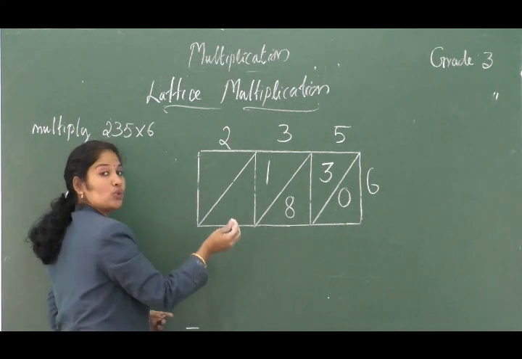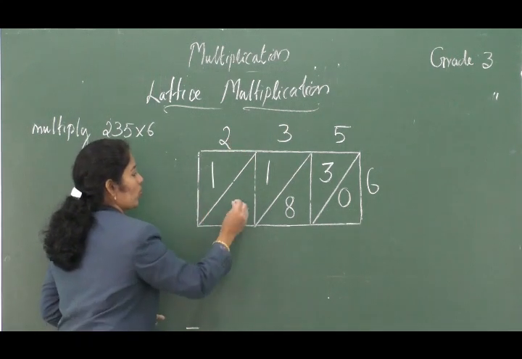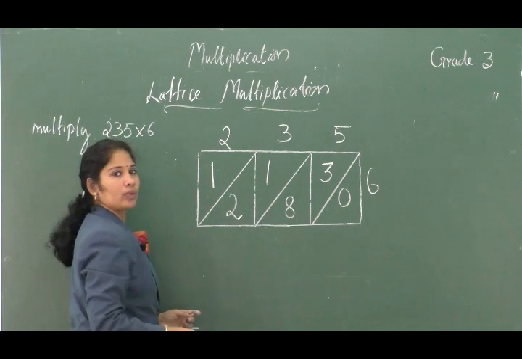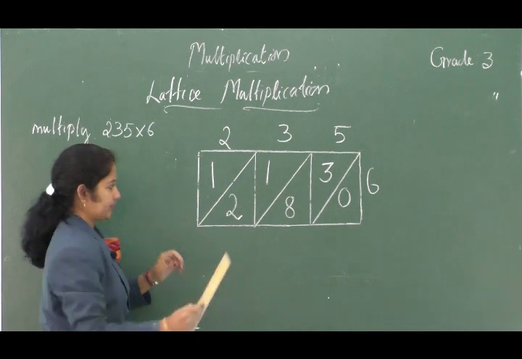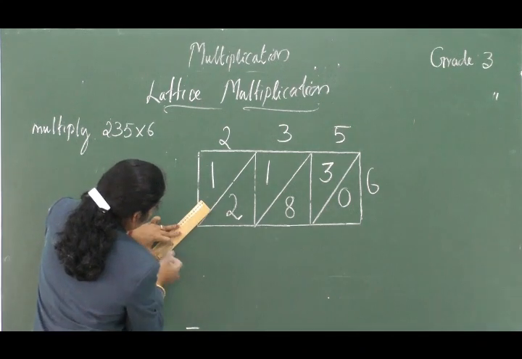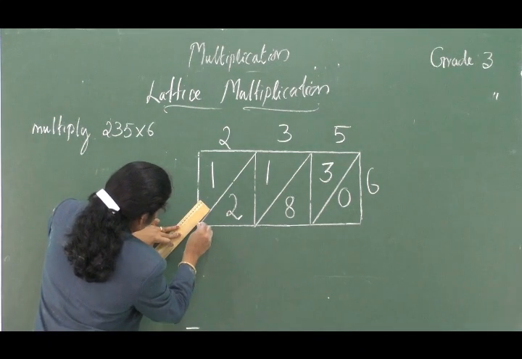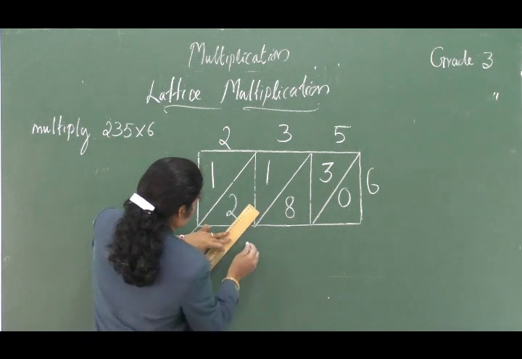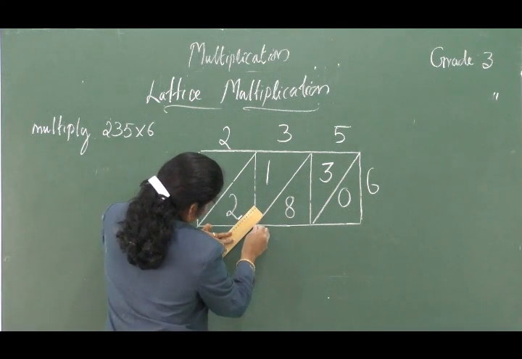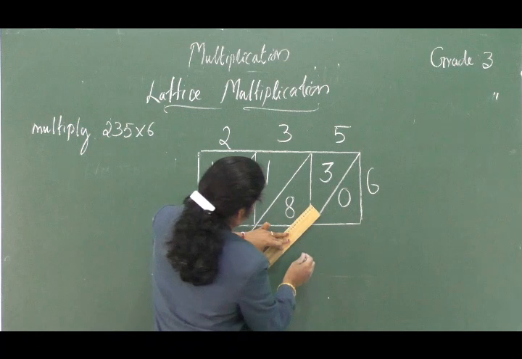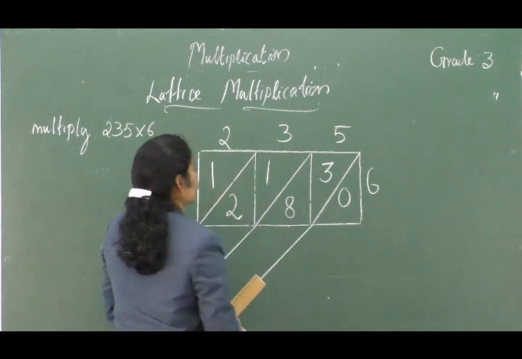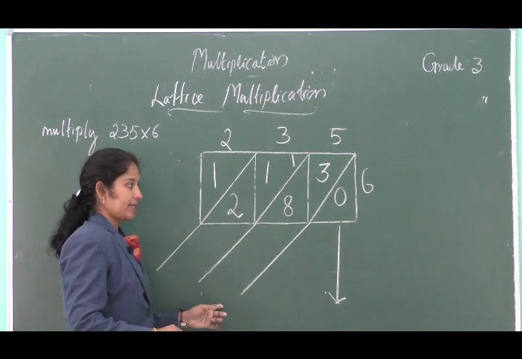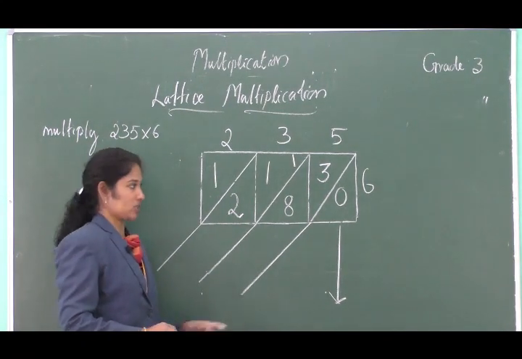So 6 into 2 is 12, 1, 2. Now we can extend the diagonal.